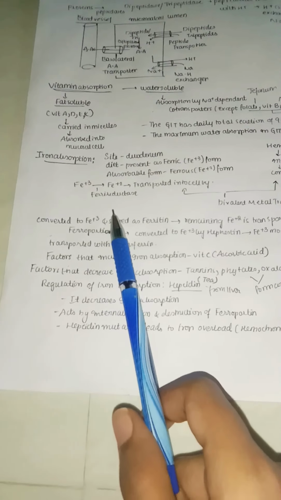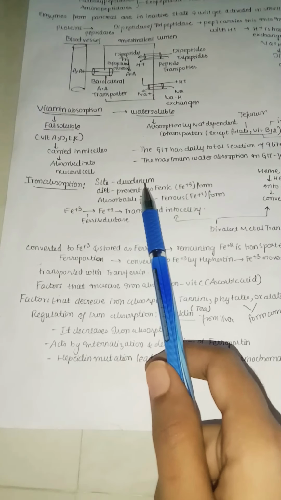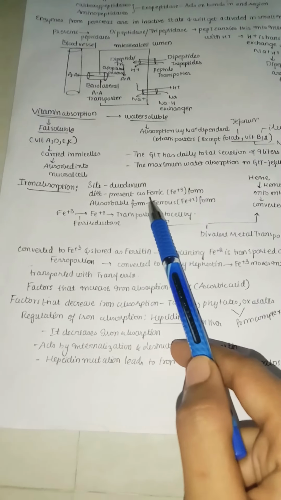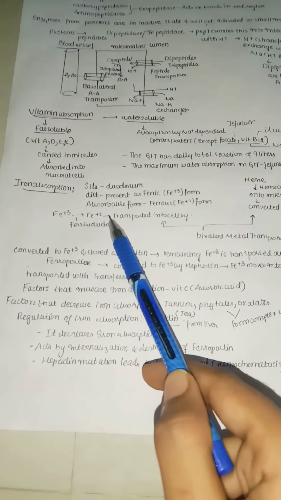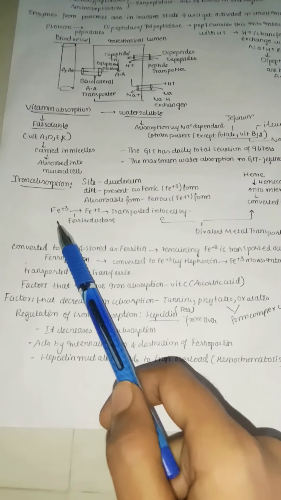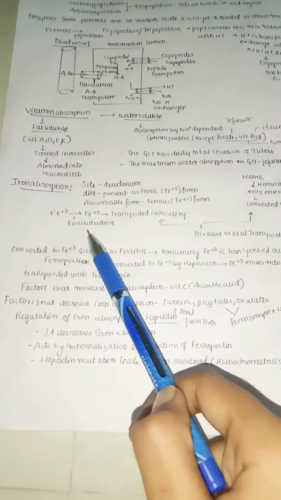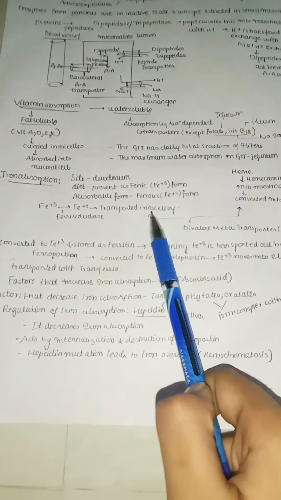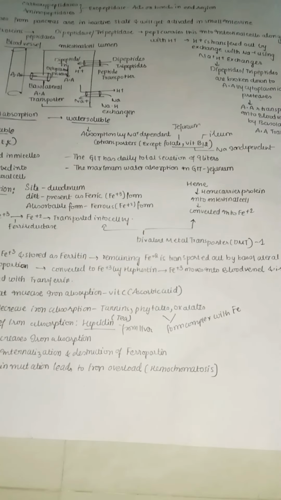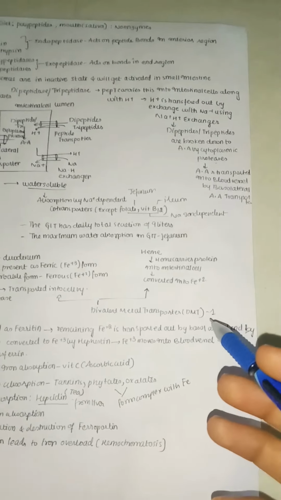Iron absorption is mainly done in the duodenum, that is, the upper part of the small intestine. In the diet it is present mainly in the ferric form, that is Fe+3, and its absorbable form is Fe+2. So Fe+3 is converted into Fe+2 by means of ferric reductase, and now this is transported into the cell by a divalent metal transporter, called DMT1.